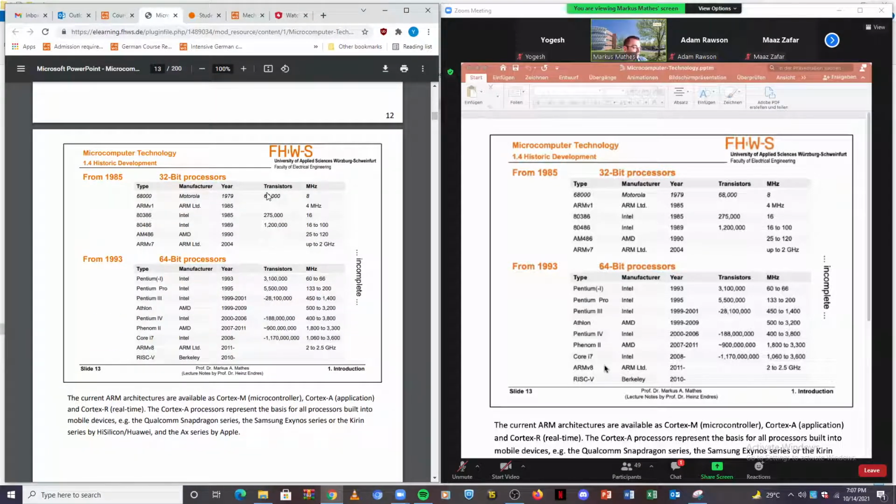Therefore, you need better architectural approaches. So you need, for example, parallel processing, you need pipelining. We will also talk about pipelining here, that you execute several steps in parallel if possible. Or, for example, that you make out-of-order execution of commands, so that you have a so-called branch prediction.